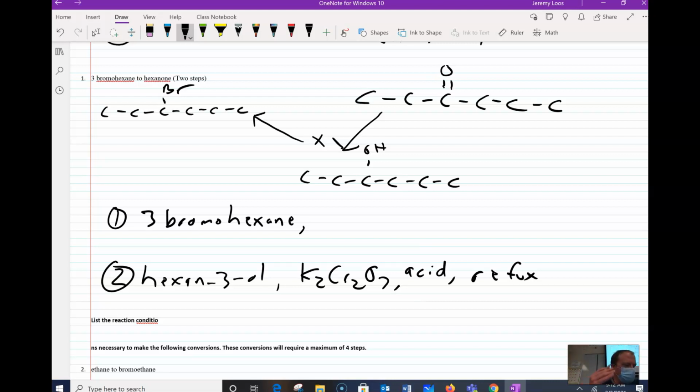Now, I wouldn't just say hydroxide ions because you need a source of sodium hydroxide. We could think about specifying a solvent, but this is a secondary one. You'd probably want some kind of intermediate type solvent.